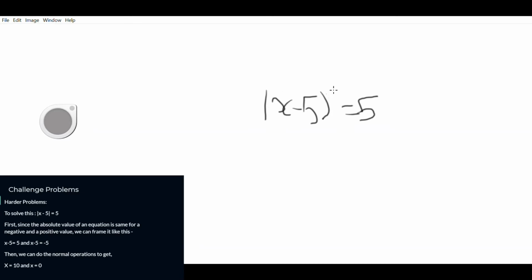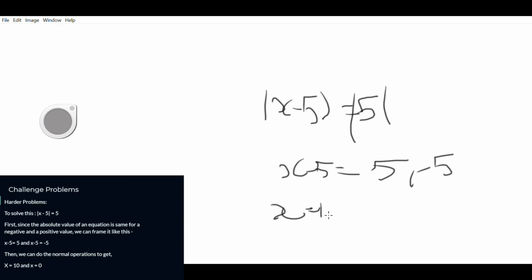But no, since the 5 is included inside the absolute value bracket, we need a different method. We could take this absolute value bracket off and get x minus 5 is equal to 5 and negative 5. And now that we have that, we can solve normally to get x as 10 and x as 0. And those would be our two values.